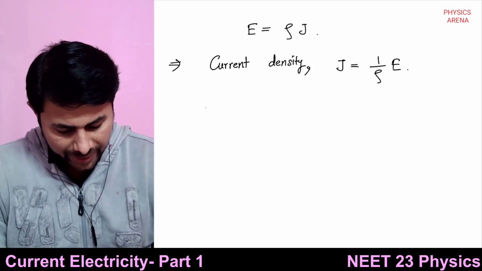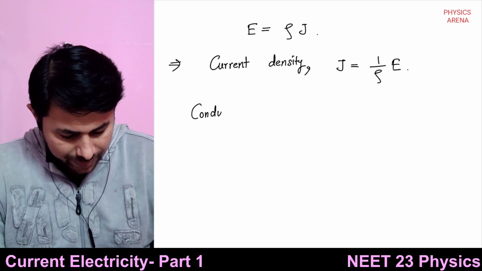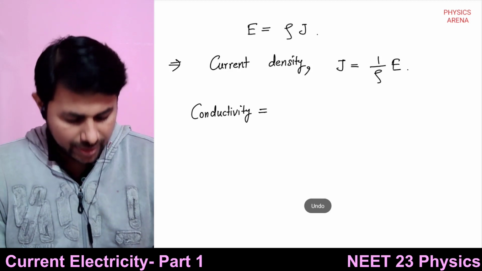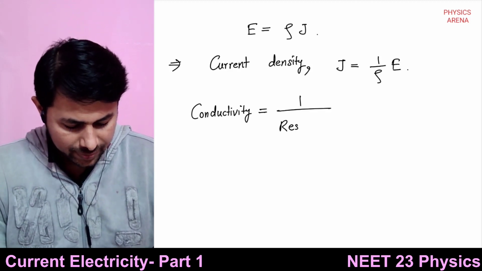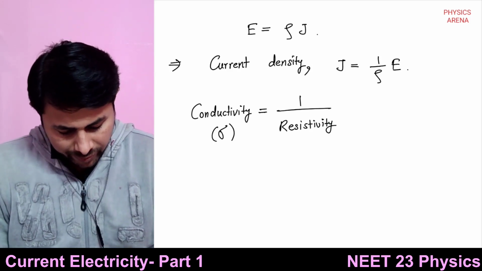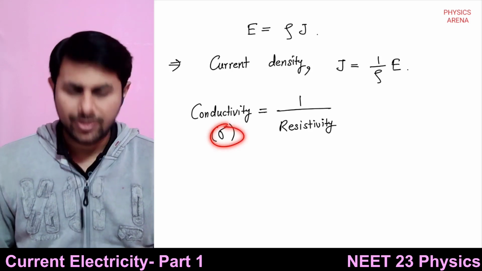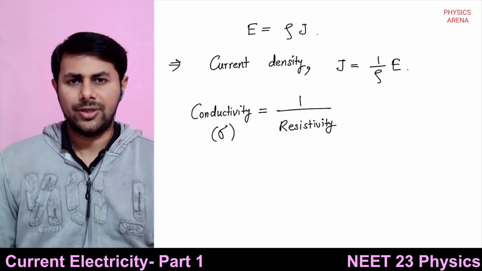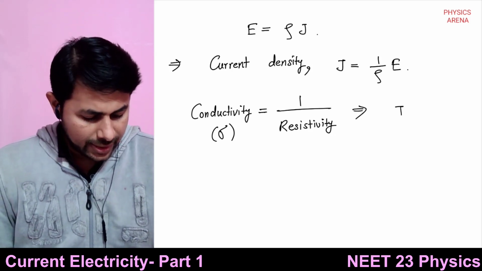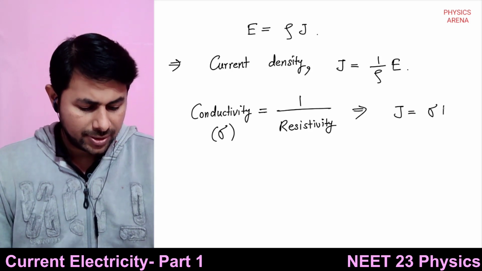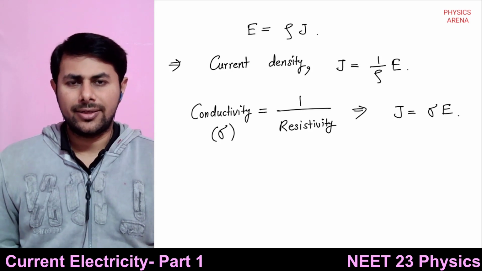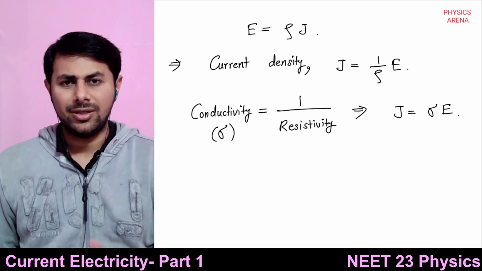So here we define conductivity equal to 1 upon resistivity, and we use the symbol sigma to express conductivity. So it gives us J is equal to sigma times E, the relation between the current density and the electric field.